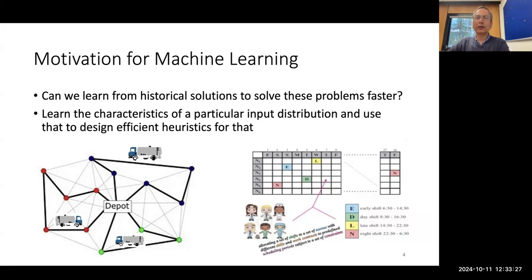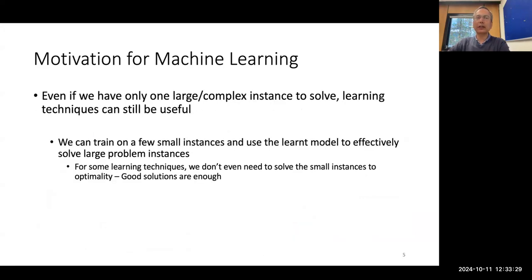This is not the only motivation for using machine learning. Even if we have only one large complex instance to solve, learning techniques can still be useful. We can train on a few small instances and then use the learned model to effectively solve the larger or more complex problem instance.